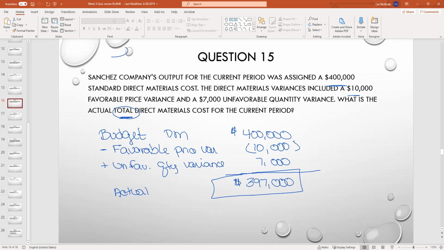It's just what I'm asking: what is the actual total? Okay, never mind. 400 was the budget. You know what, I'm doing the calculation and the formula at the end, so I thought it was the difference because I saw total, so it threw me for a loop, not necessarily the actual direct material cost. Are you better now? Yeah. Okay.